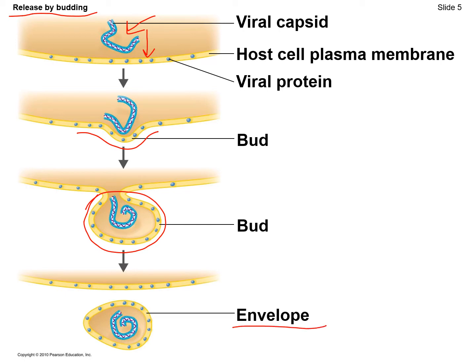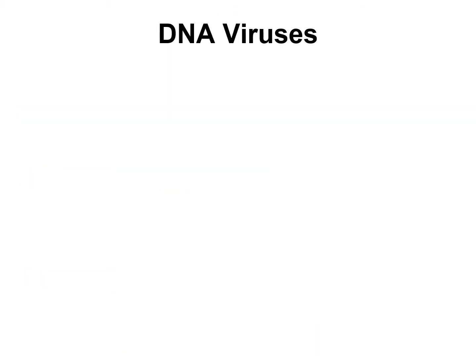So the envelope actually is derived from the host cell's membrane, and that is the process of budding. Knowing if a virus is naked or enveloped will give you information on attachment, penetration, and release. To know where biosynthesis and maturation take place, you need to know what type of genome the virus has.